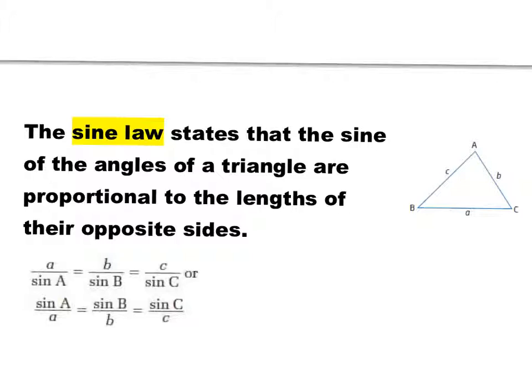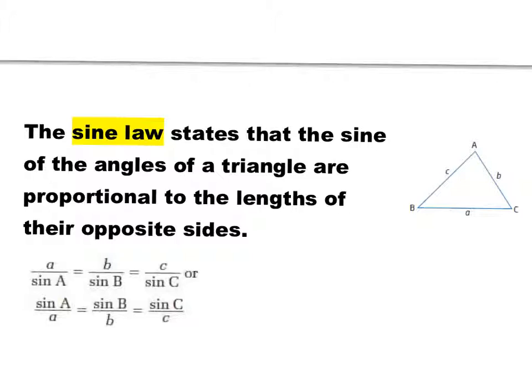Any side, for instance, side A, divided by sine of the angle in front of it, so side A divided by sine A, is equal to another side divided by sine of the angle in front of it, so C divided by sine C, and side B divided by sine of the angle in front of it. So it's a very straightforward formula to use.